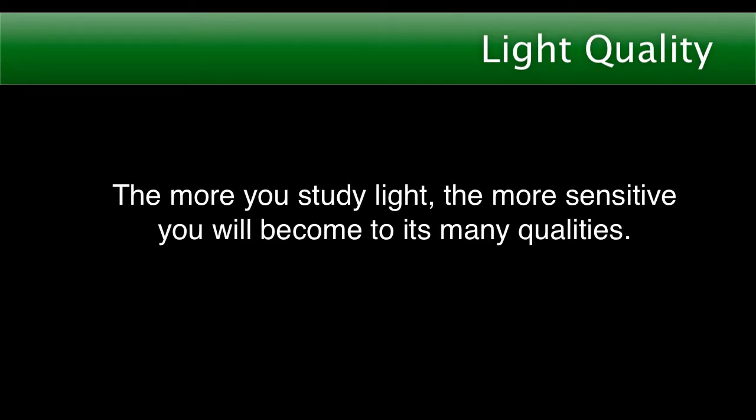Within these two broad categories of light quality, there's a wide range of subtle variations. There can be a combination of both hard and soft light, direct but diffused light, light bouncing off highly reflective objects. The more you study the light, the more sensitive you'll become to its many different qualities.